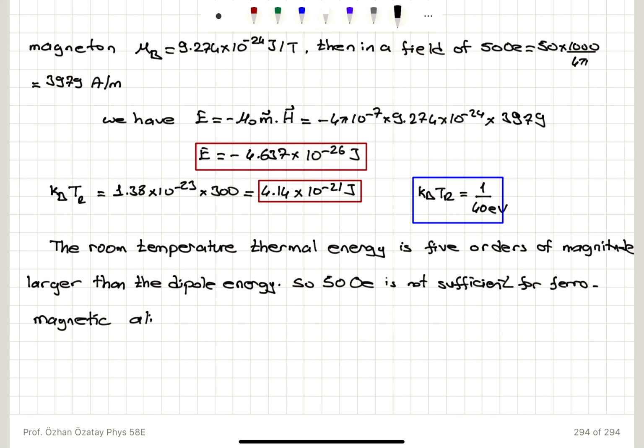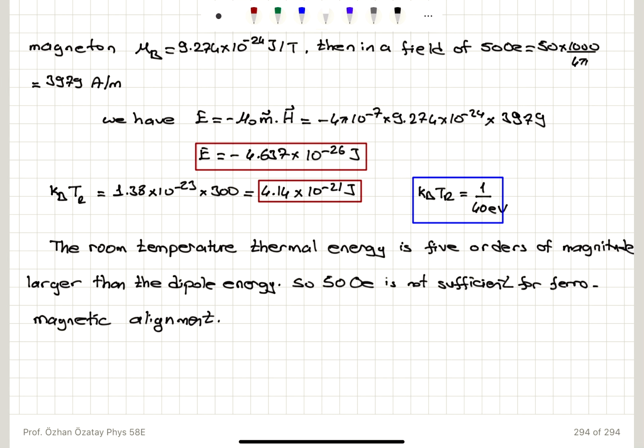Well, this is basically the Zeeman energy of these moments that we calculate in this magnetic field, the magnetostatic energy. This energy is 5 orders of magnitude smaller than the thermal energy, and therefore, in order to minimize the energy, we cannot say that the system will have ferromagnetic alignment, because subject to thermal energy, they will be randomized.